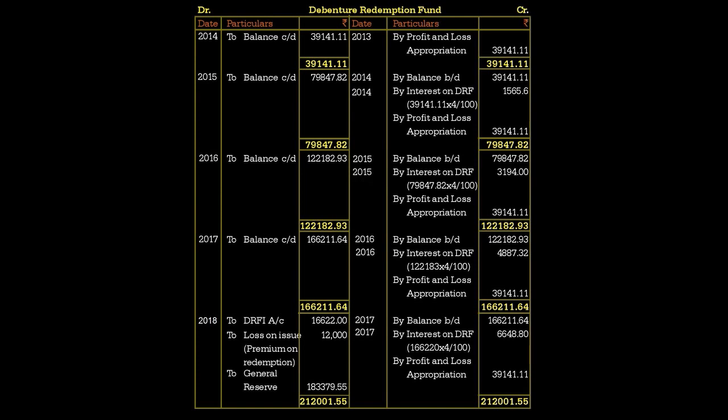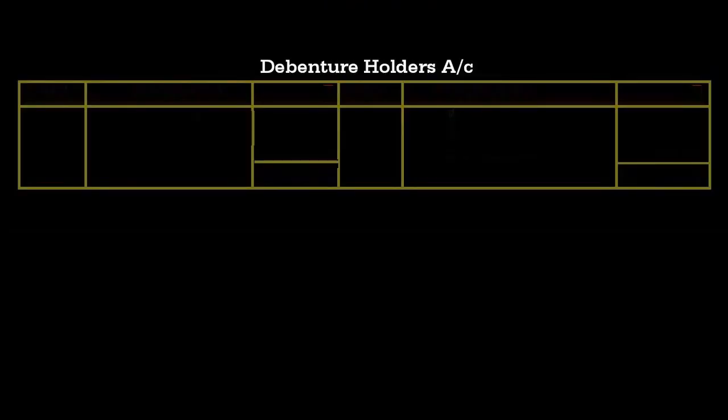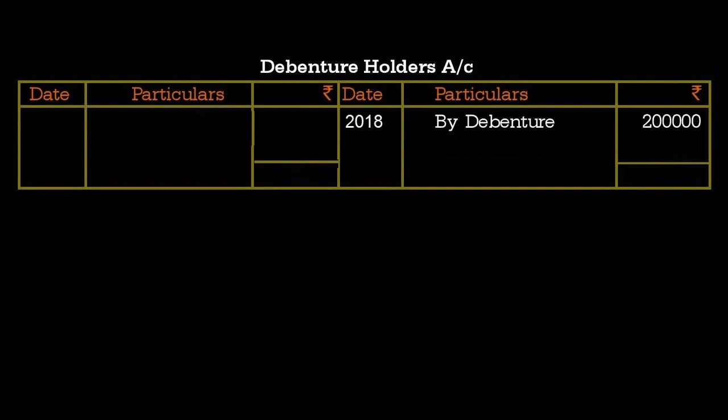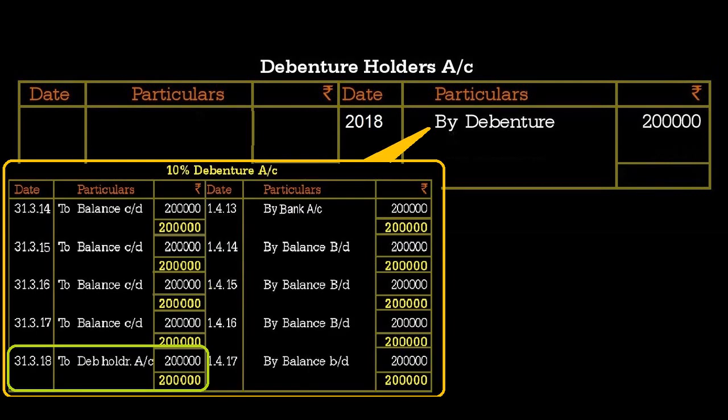Here the debenture redemption fund account is closed. Debenture redemption fund investment account is already closed. After that we are opening debenture holders account. In debenture holders account, first we will write the transfer entry. Transfer entry from debenture account. See your debenture account. In debenture account, in the last year, fifth year, you have written to debenture holders account 2 lakhs. So that 2 lakh, that posting you have to do, will be written in your debenture holders account on the opposite side.